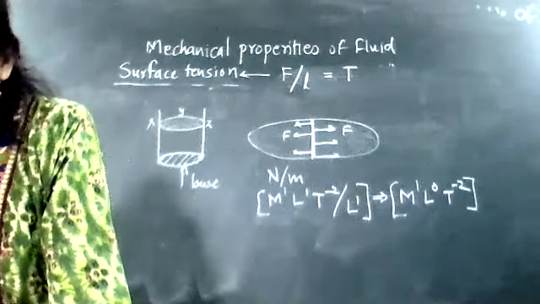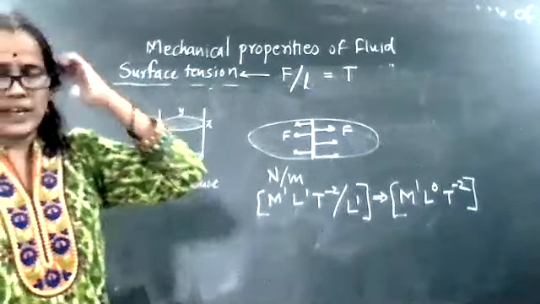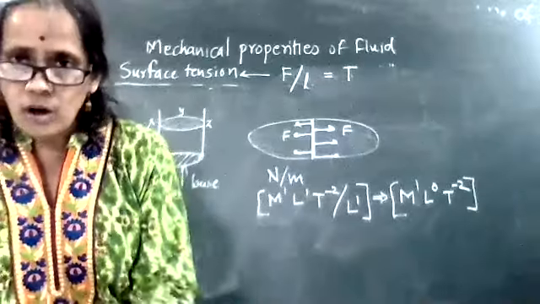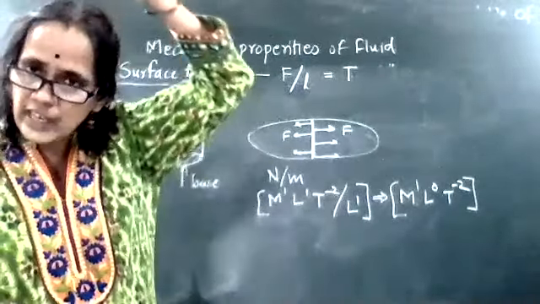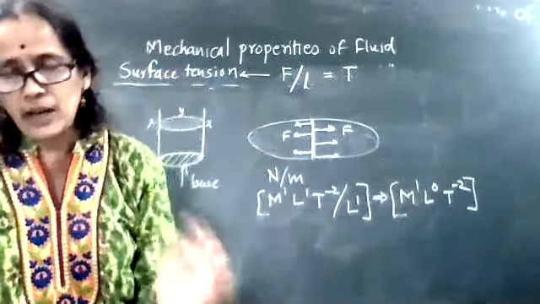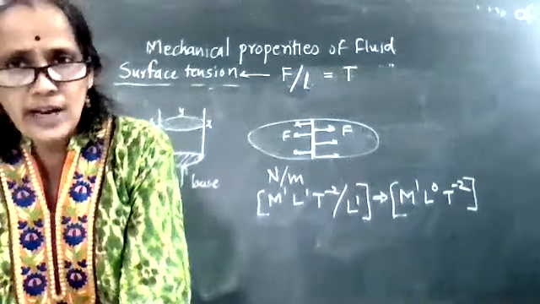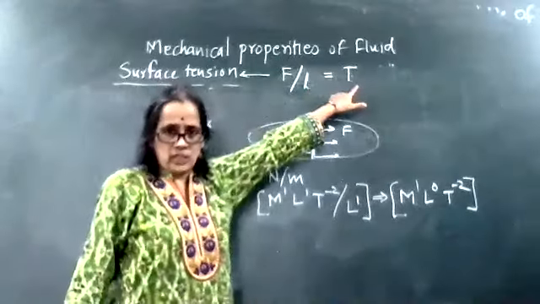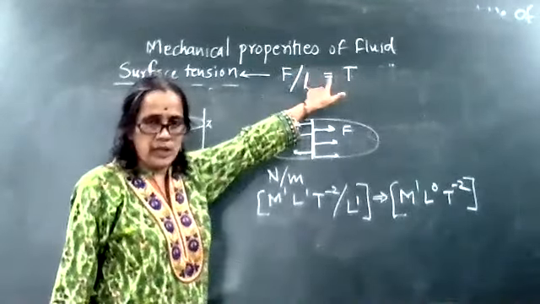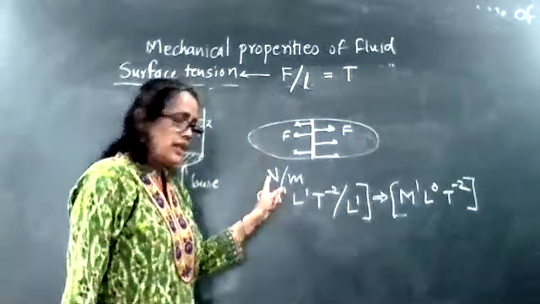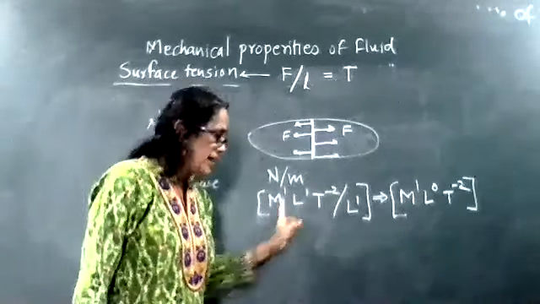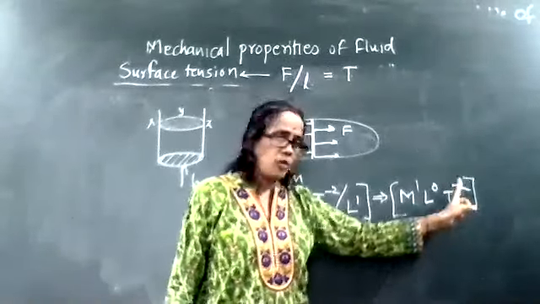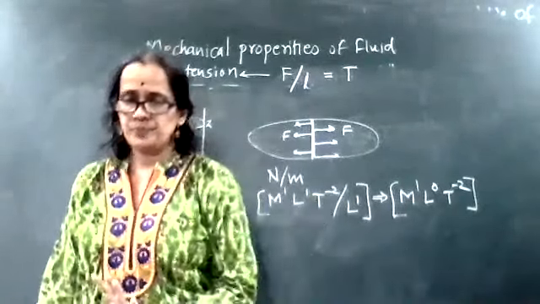So surface tension is defined as the tangential force acting per unit length on both sides of an imaginary line drawn over the liquid surface. Its formula is surface tension T equals F upon L. The unit is Newton per meter and its dimension is M raised to 1, L raised to 0 and T raised to minus 2.